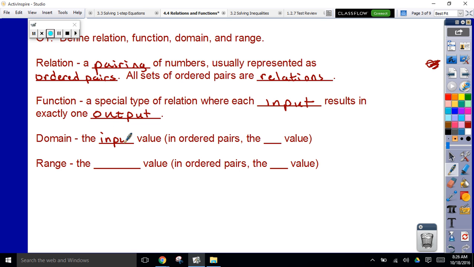The domain is what we're putting in to the function, or function is kind of just a fancy word for equation. In an ordered pair, the x value is the domain, because that's the independent variable. That's what we put into the equation to solve for y. And the range is the output value. In ordered pairs, it would be our y value.